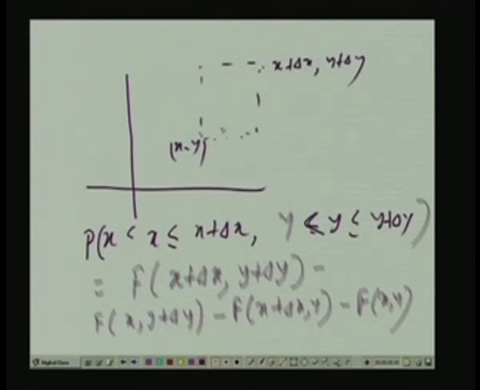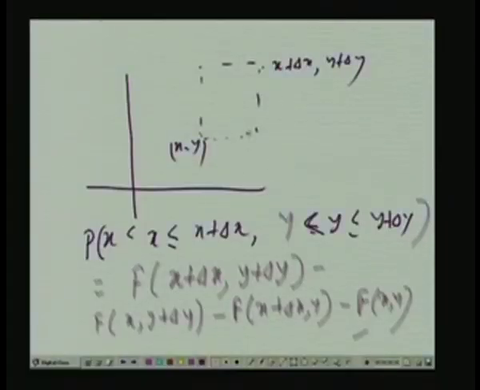That divided by delta x delta y, and let delta x tend to 0, delta y tend to 0. That will be equal to the probability density. I can erase this.